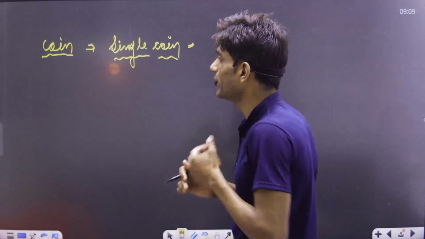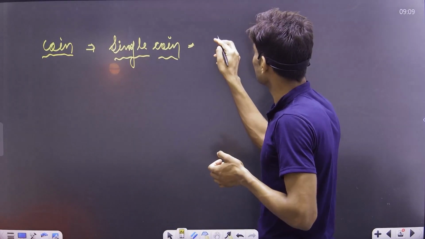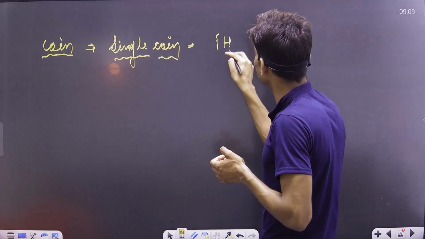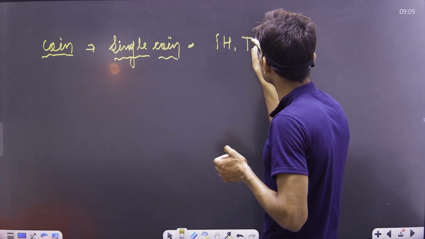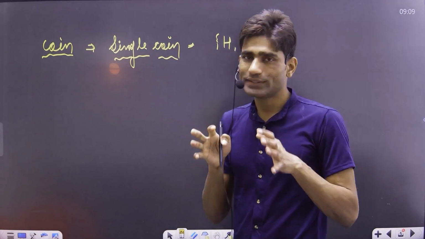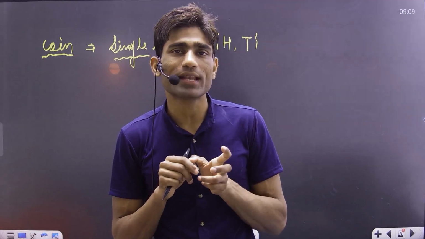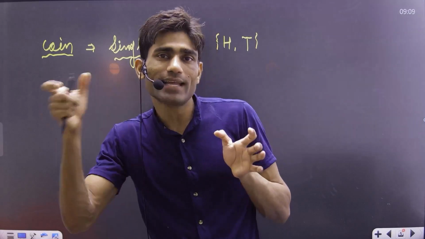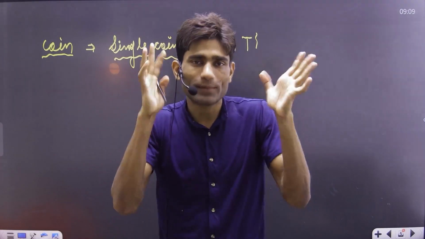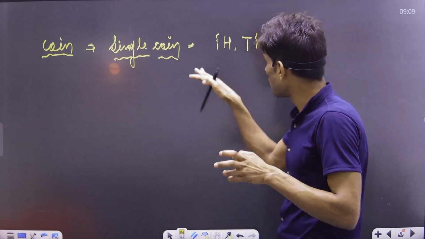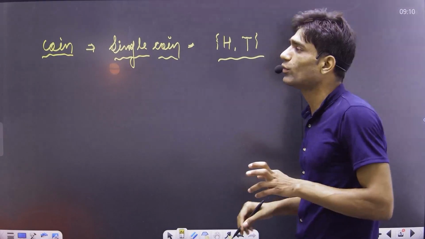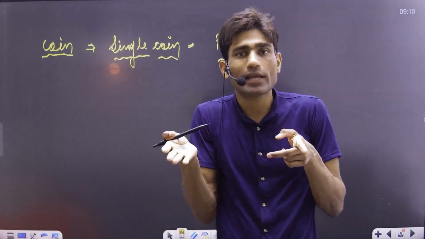We have only two outcomes for a single toss of a coin. We have only two possible sides for our coin, head or tail. So after tossing a single coin, I have two possible outcomes, head or tail.